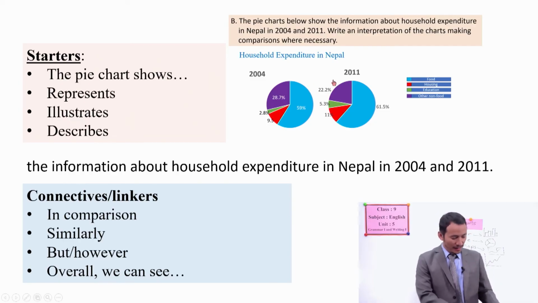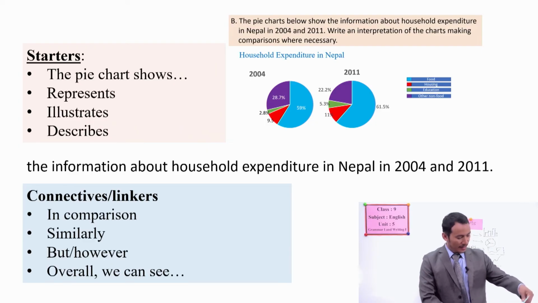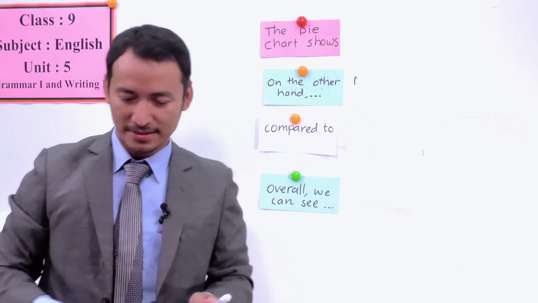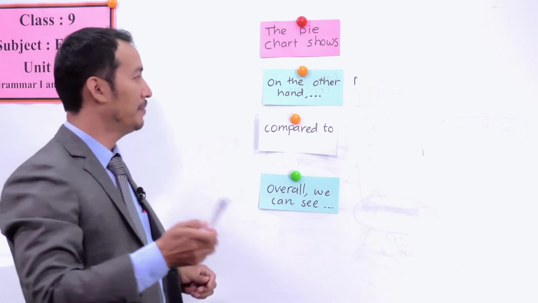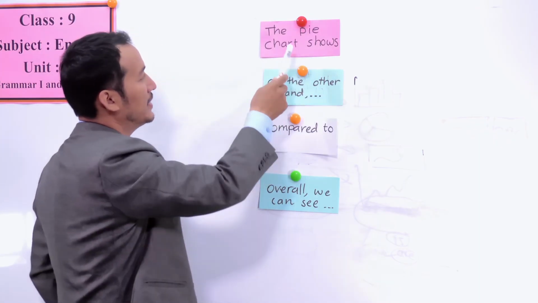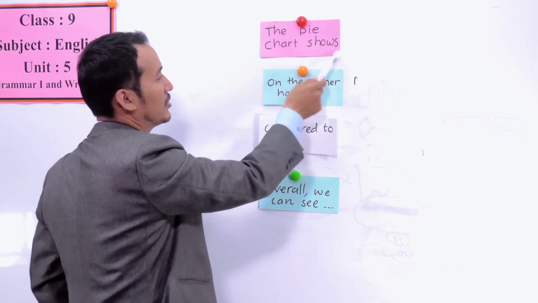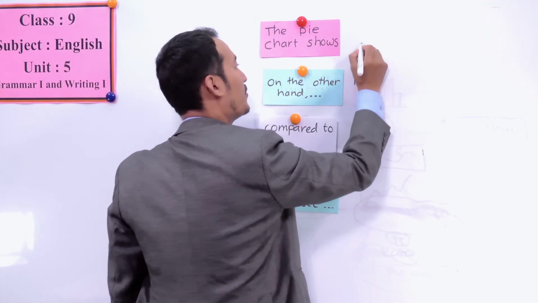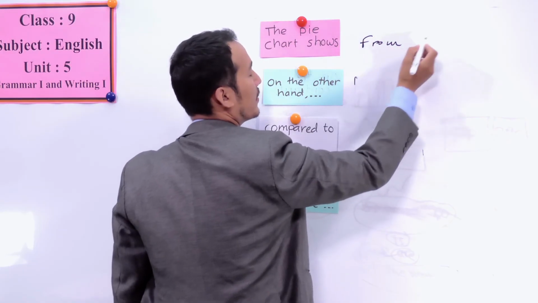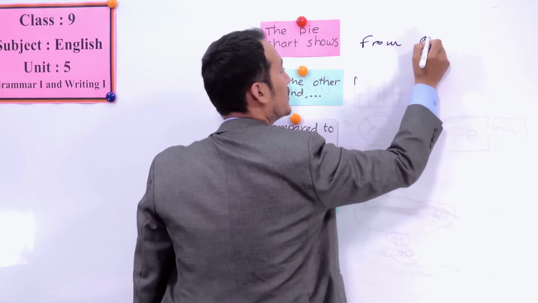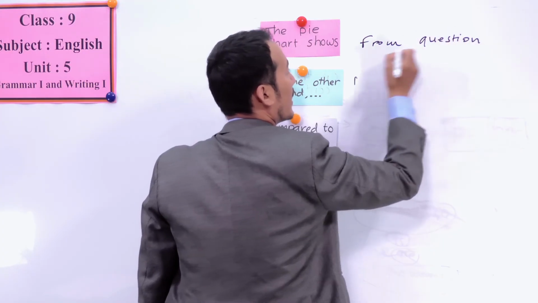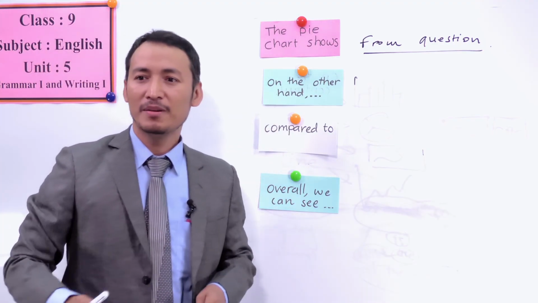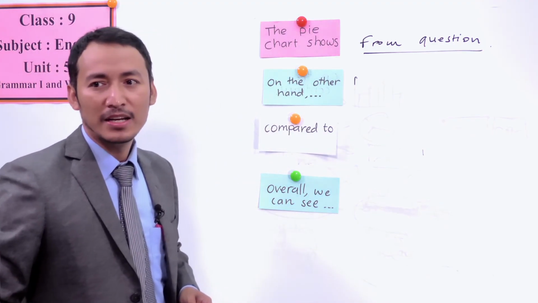I'll give you some starting lines. Okay, students, so how can you write? Now I'll give you some help lines. As I already said, you can start with the pie chart shows, illustrates, describes, and you mention from the question, giving clues. You can describe what is happening in the first chart in 2004.